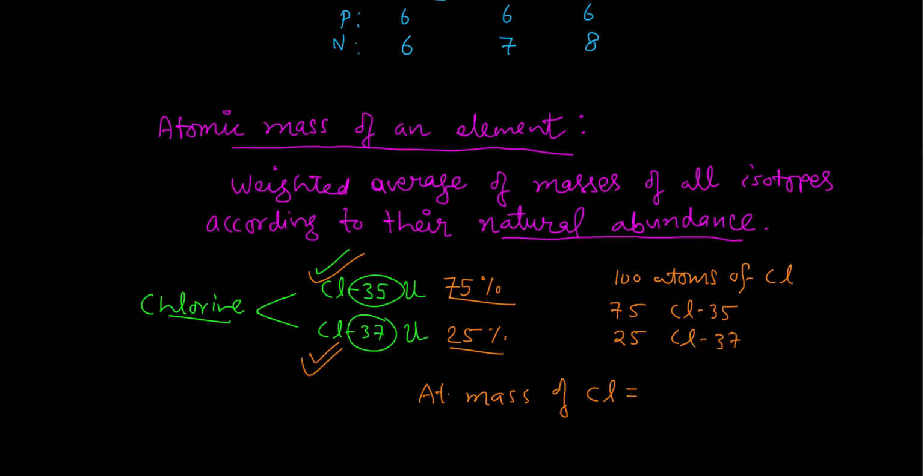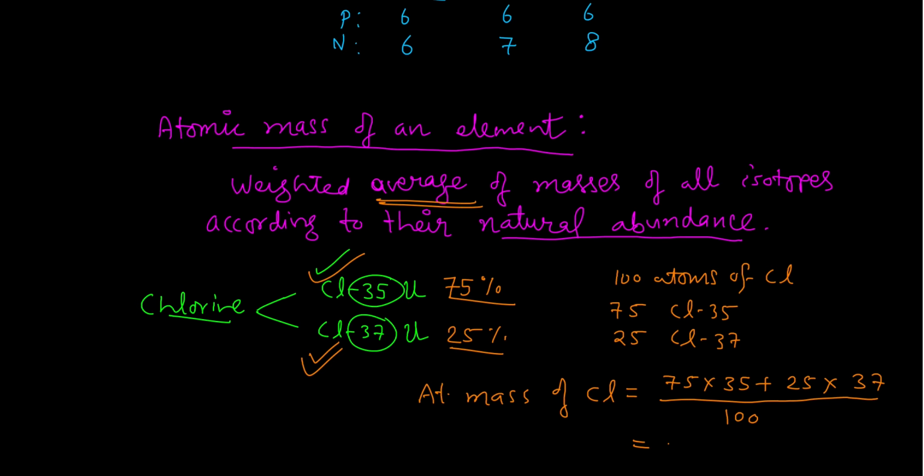So what will be the total mass of these 100 atoms? It will be 75 into 35 plus 25 into 37, and this whole thing divided by 100, because we have to take the average, the weighted average. For getting the average, we need to divide by 100.